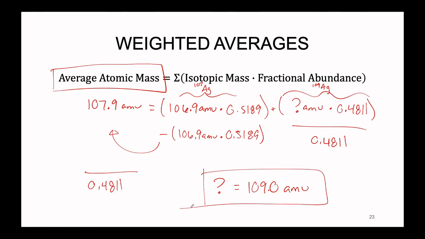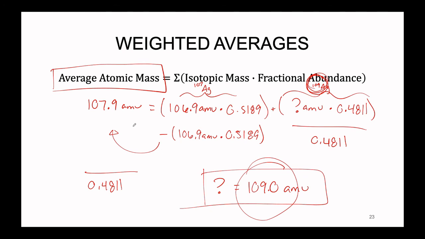All right, so we now know the isotopic mass of our silver 107 and the isotopic mass of our silver 109. Coincidentally, we can see 109.0, where the mass number is approximately equal to the actual isotopic mass, so it makes sense. That's a really good way to check your work. Make sure that your mass number is approximately, if not actually, equal to your isotopic mass. If it's not, there are a couple of places where the algebra could have gone wrong.